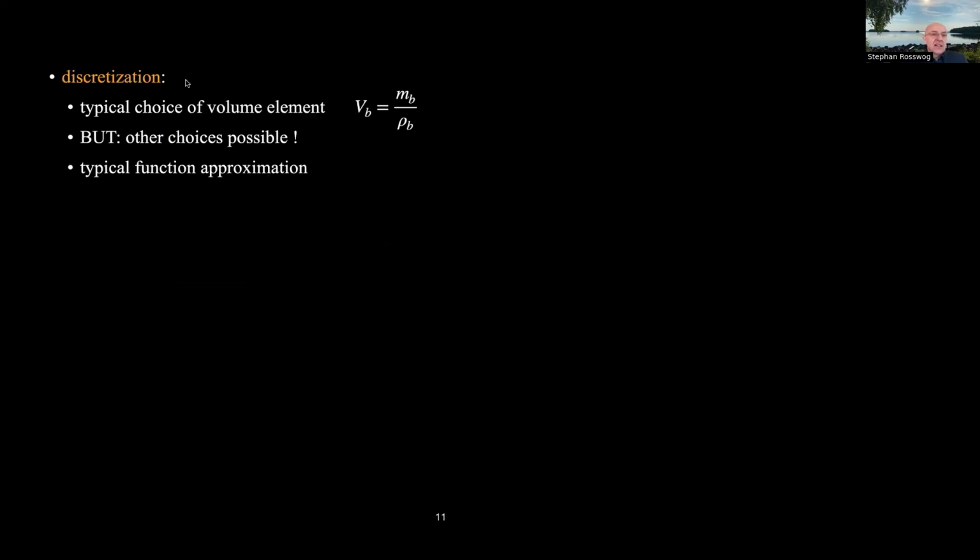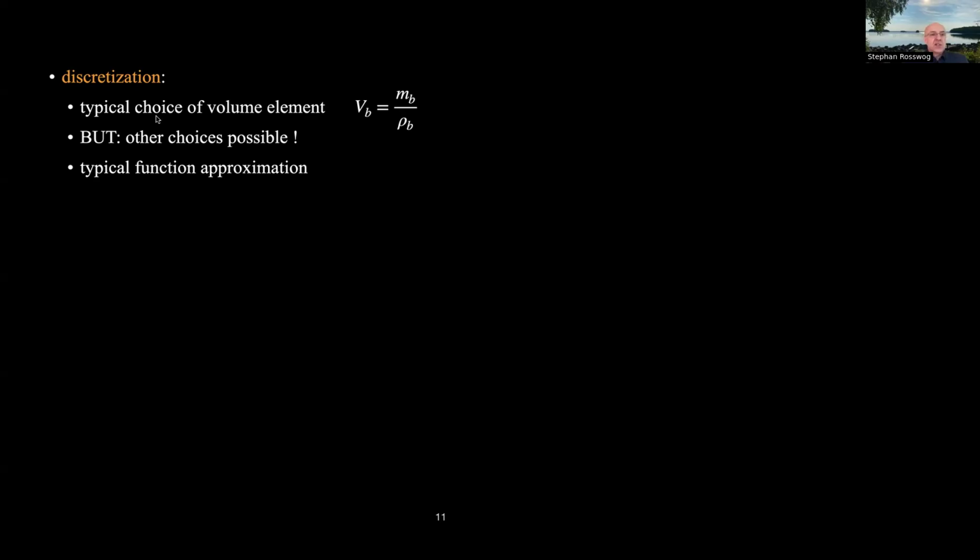Okay, now the second step I said is discretization. So you need something like a volume element. The most straightforward choice is that you say, well, if the particle has a mass and if the particle has a density, then I have a volume element, but you can do other things, which sometimes may be interesting, but I can't go into this here yet.